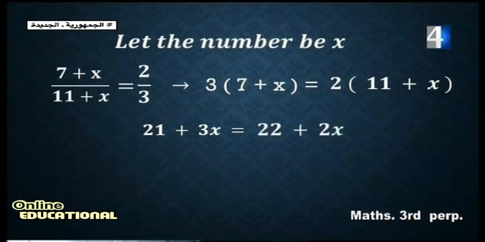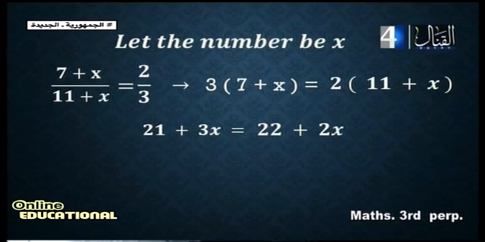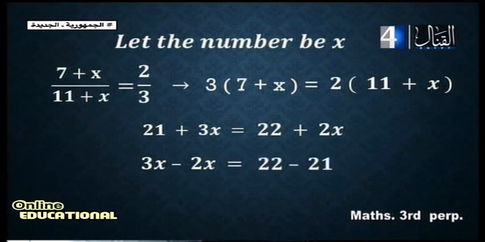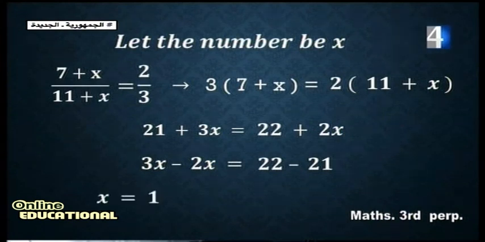By collecting like terms on one side, it is 3x minus 2x equals 22 minus 21. So 3x minus 2x equals x. So x equals 22 minus 21 equals 1. So we can say that the number which will be added is 1.